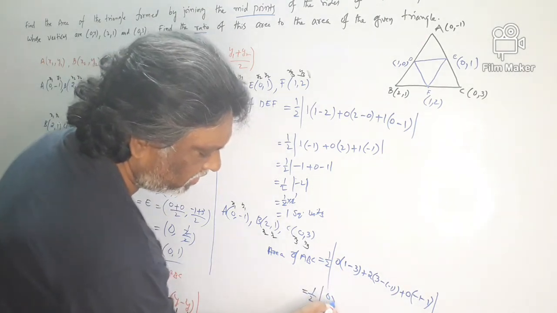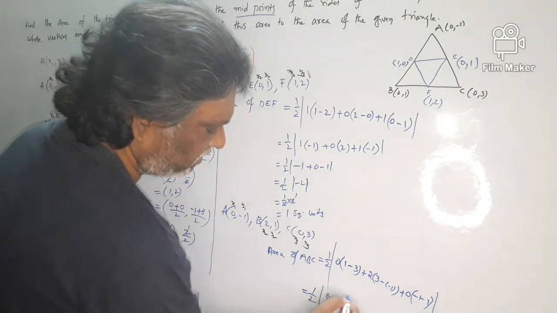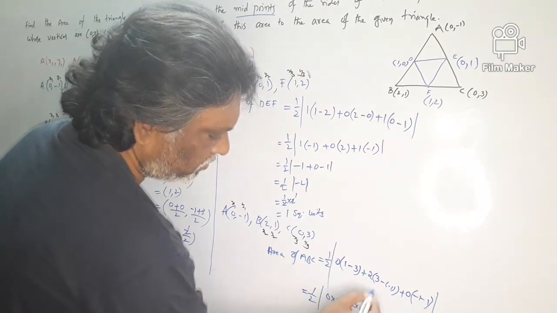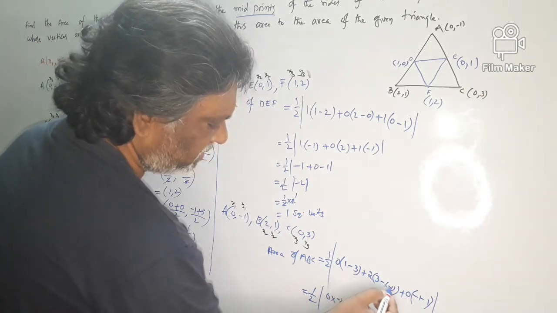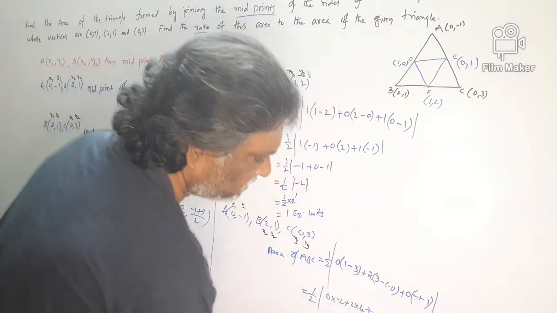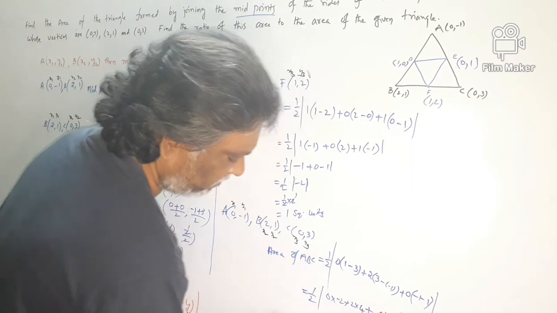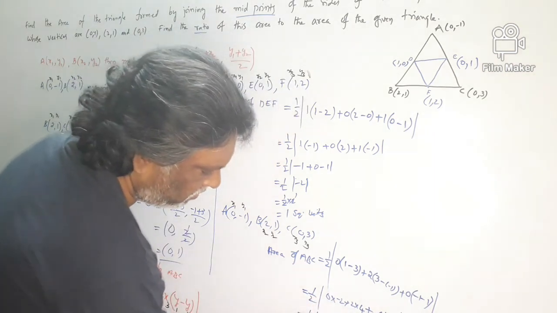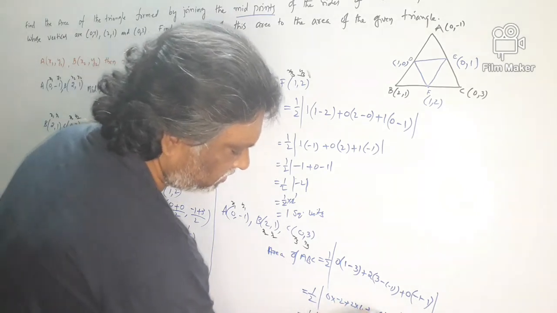Minus 2, 0 into minus 2, minus into minus plus 1 plus 2 into plus 1 means 3 plus 1, 4, plus 0 into minus 2. Half mod 0 into something 0, 2 4s are 8, 0 into something 0.